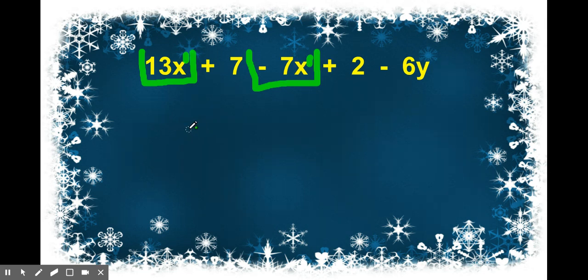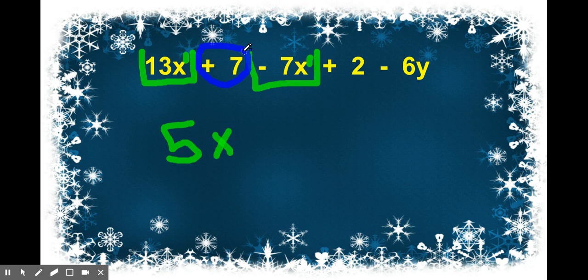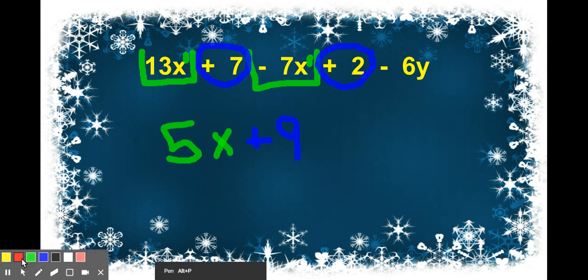So I have 13x minus 7x, which is 5x. Then I say, okay, now I have a constant of a positive 7, and I have a constant here of a positive 2. So 7 plus 2 gives me a positive 9.